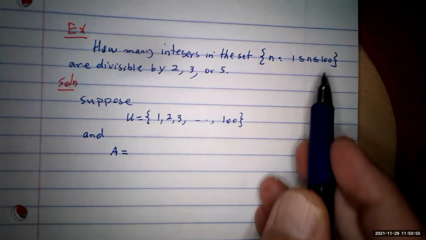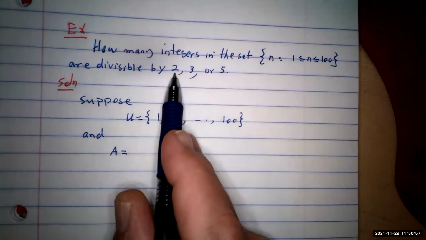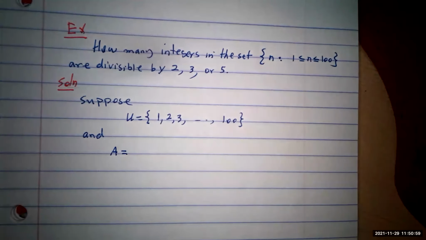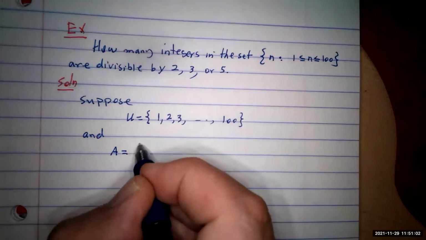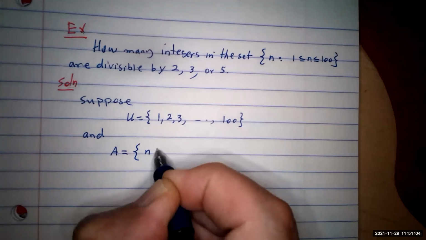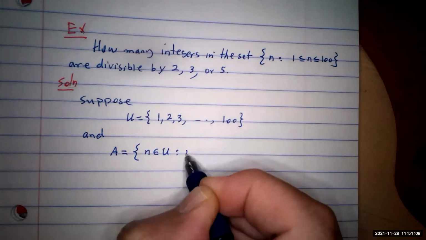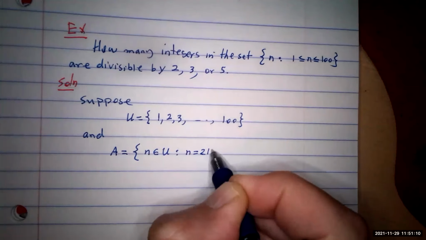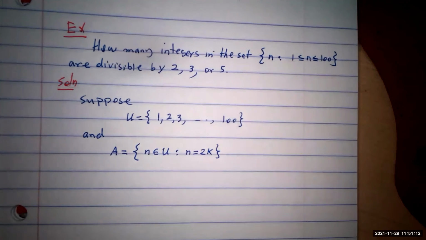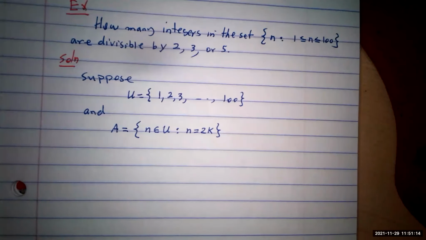The set A is going to be all the members in U which are divisible by 2. A number n in U such that n is divisible by 2, of the form 2k. That's the set A.